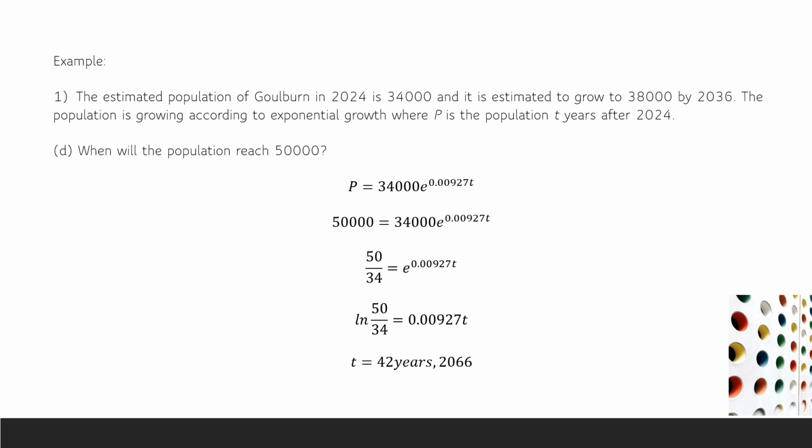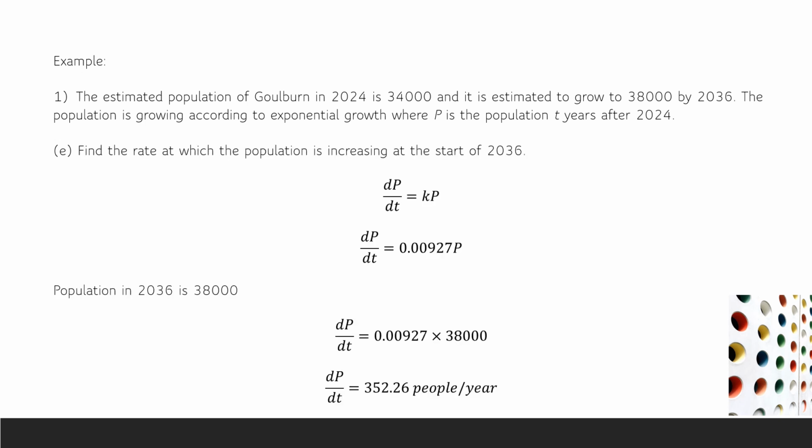Use my calculator, and I get ln 50 over 34 divided by 0.00927. So about 42 years it'll take, after 2024 that is, to reach 50,000. So about 2066 is when we'll get to 50,000.